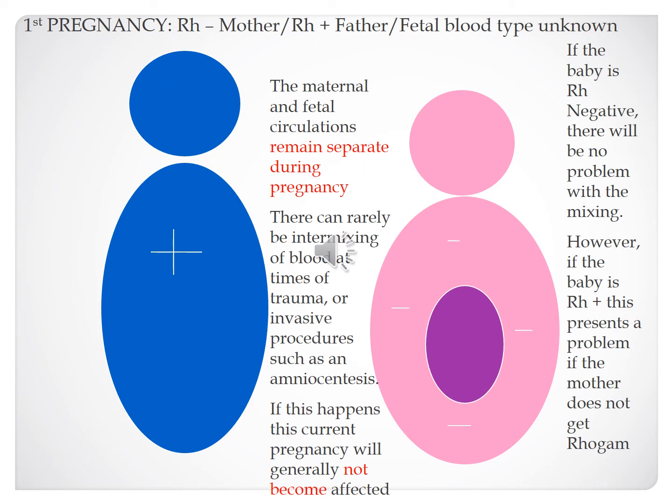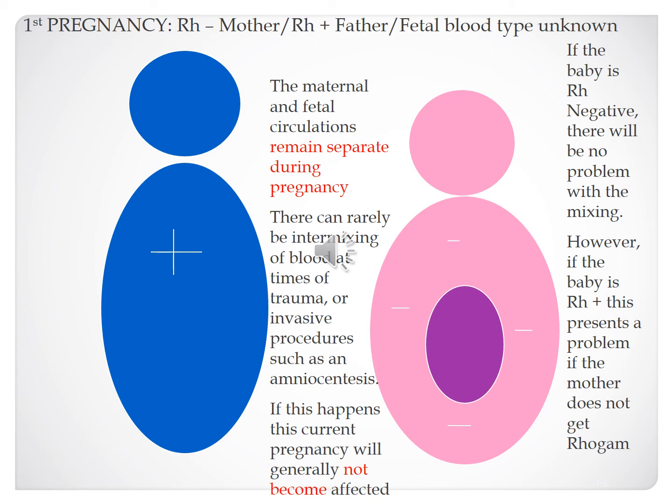So in another scenario, a mother in her first pregnancy is Rh negative. The father is Rh positive, and we don't know the fetal Rh factor at this point, but we know that there's a possibility that the fetus can be Rh positive. And so with the first pregnancy, there's usually not a risk to that fetus because for the most part, there is no mixing of fetal blood with maternal blood.